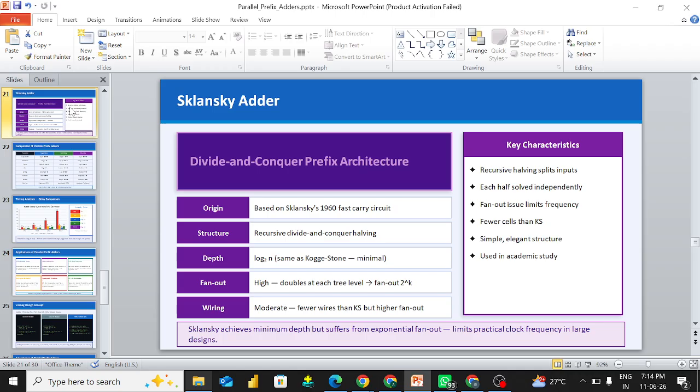so after dividing like this, dividing your 8-bit inputs into halves and that also into further halves, after the dividing process is completed, then you need to combine the results, right, to get the carry that has been generated during this division.